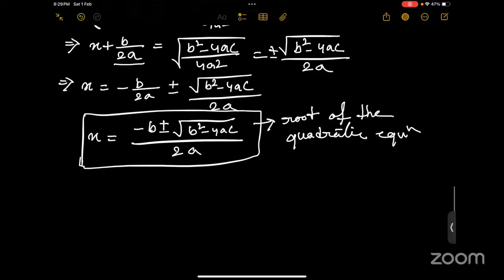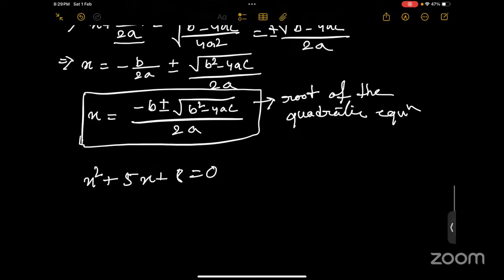Okay, so if I take any example, suppose x square plus 5x plus 8 equals 0. Here our a is equal to 1, b is equal to 5, and c is equal to 8, right?